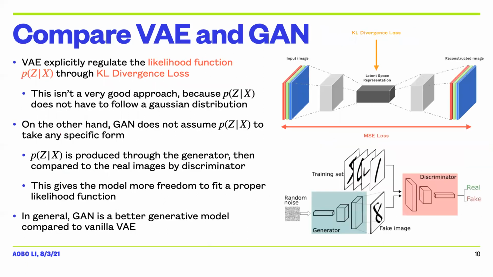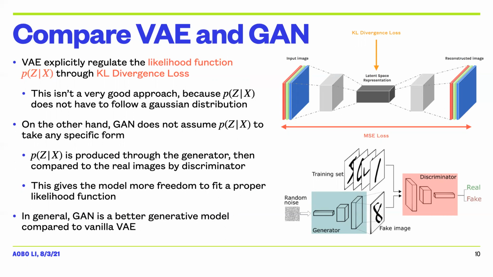Okay, so we will try to compare variational autoencoder and GAN. These two models look very different, but they achieve similar goals, which is to generate fake images. So which one of them is better? Variational autoencoder explicitly regulates the likelihood function through the KL divergence loss.